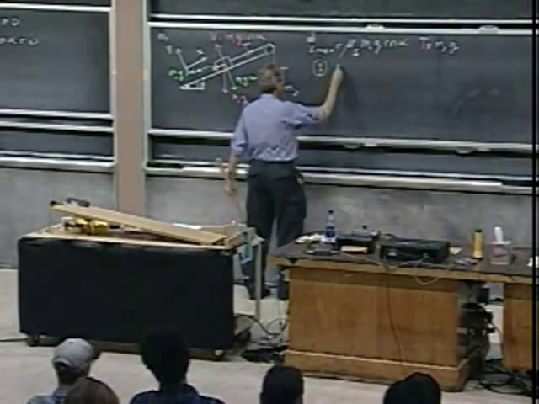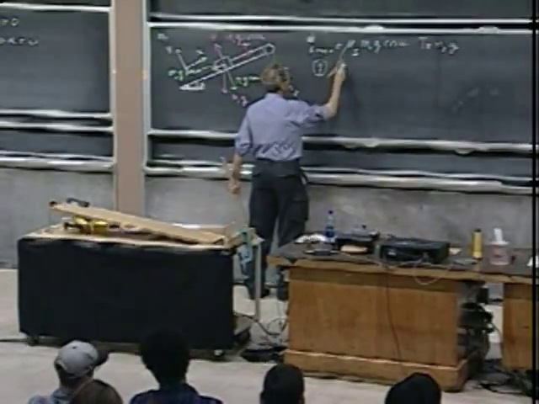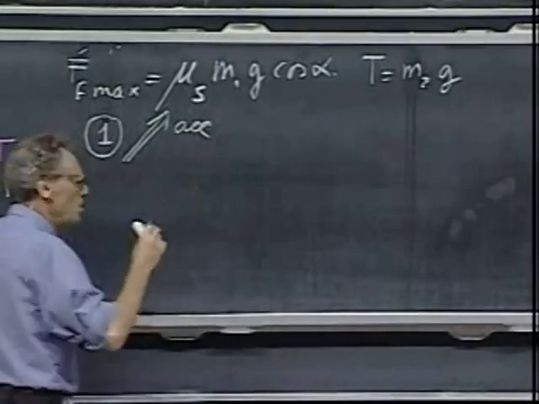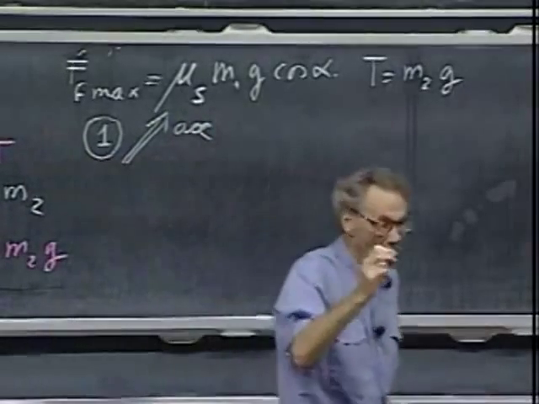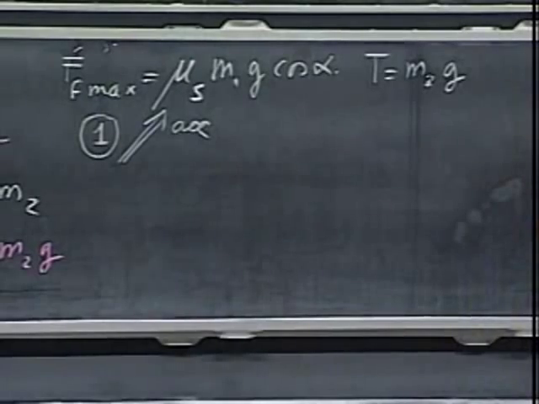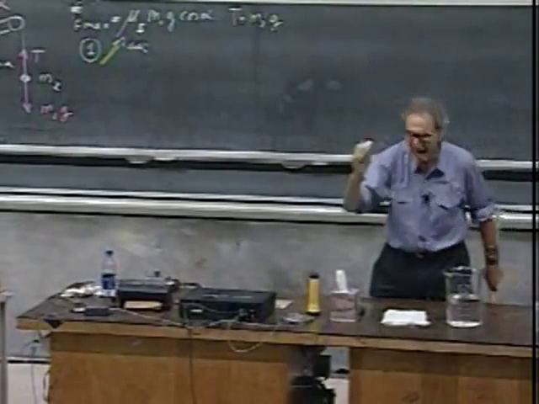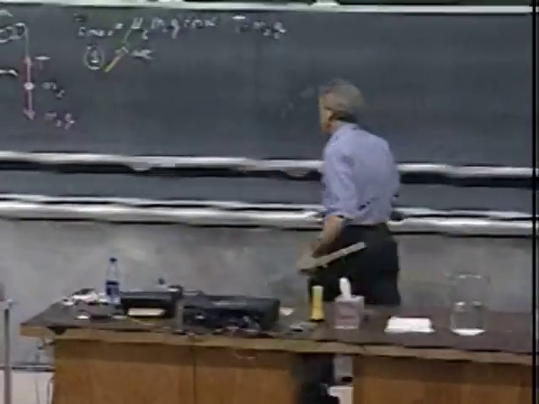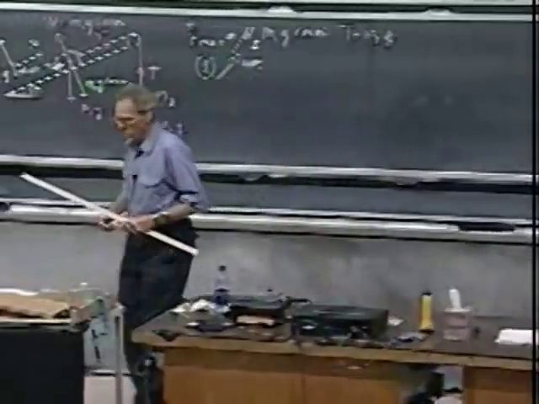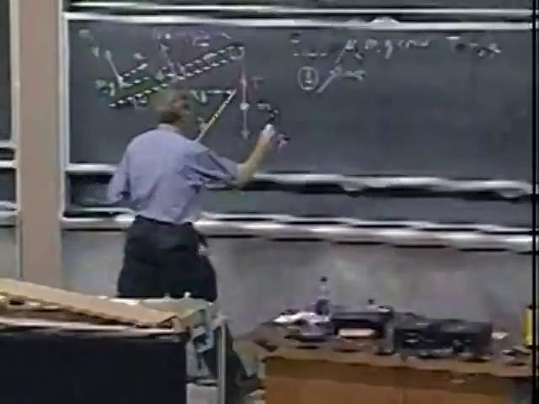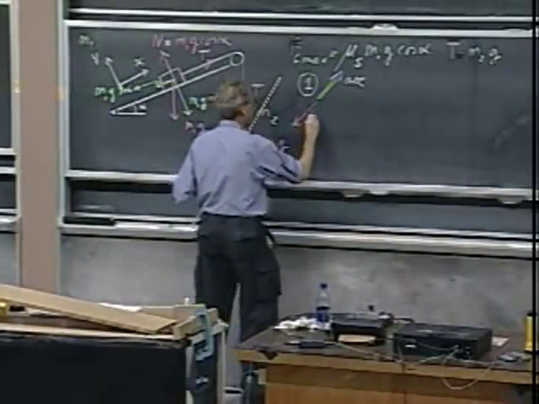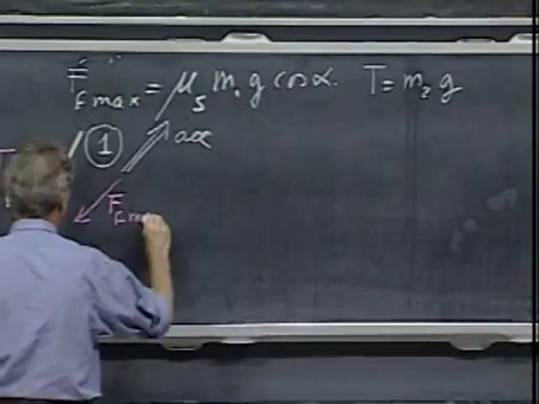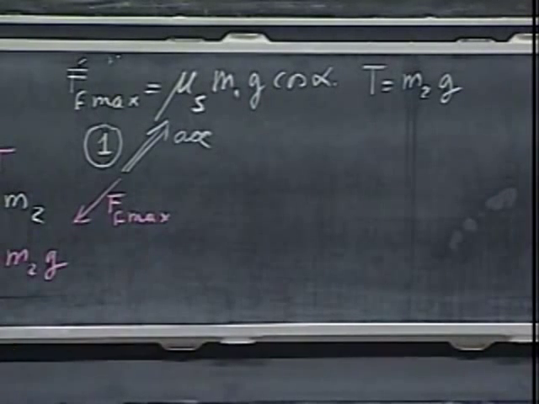My first option is that I make the assumption that the system is just about to start accelerating upwards. It isn't doing it yet. It is just about to do that. If that's the case, then I know that the frictional force will be in this direction, and it will have reached the maximum value with the static friction coefficient.